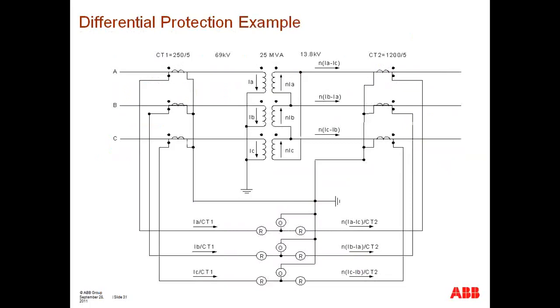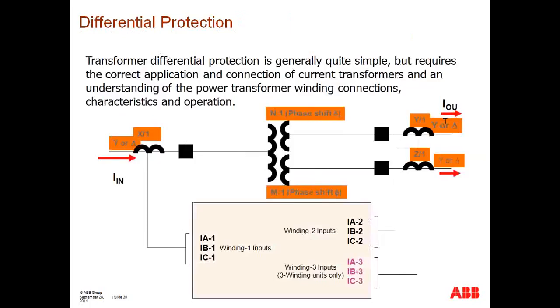Now, what are some of the things that need to be taken into consideration? In the case of transformers, as I just mentioned, it's not a current balance equation, but an ampere turns balance equation. To be able to execute this ampere turns balance equation, we need the turns ratio information of the transformer to make this calculation.